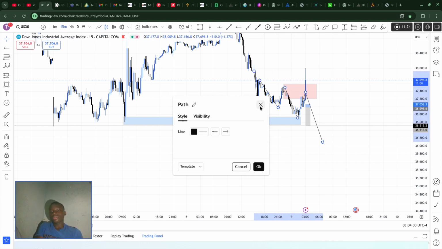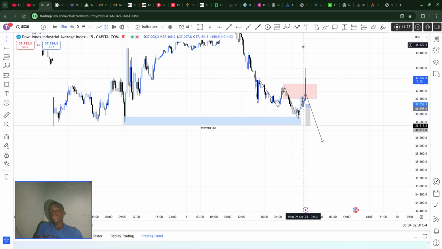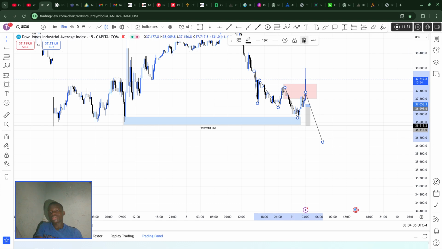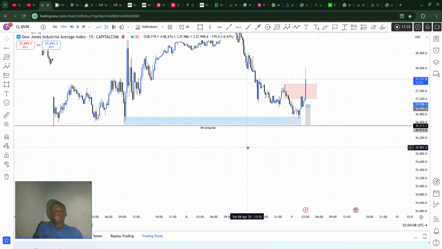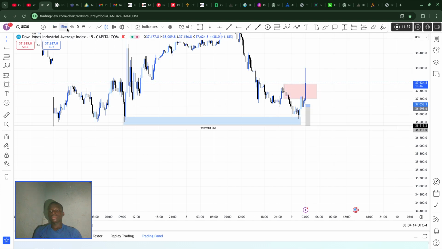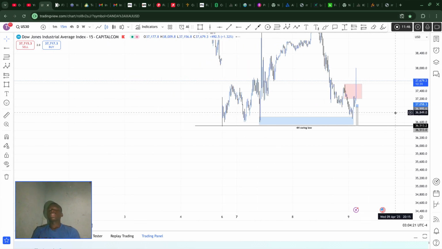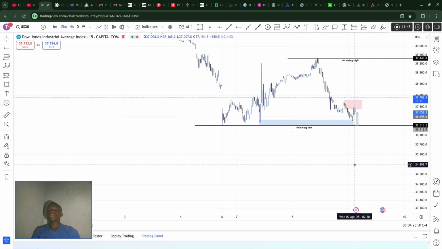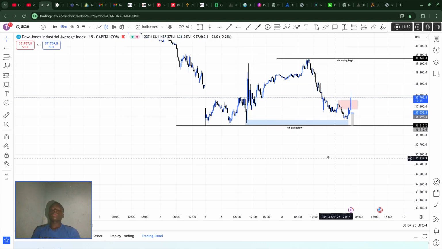Maybe consolidation, and you have to wait. As you can see, anything can happen. There is markets for you. Anything can just happen. So that's something to prepare for.